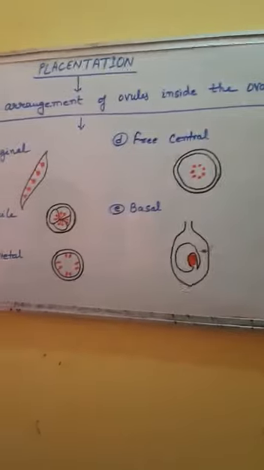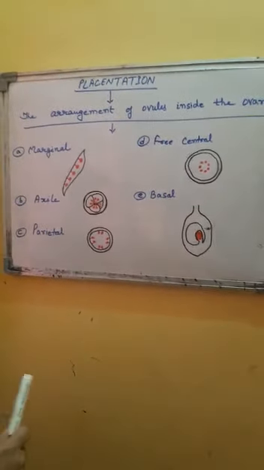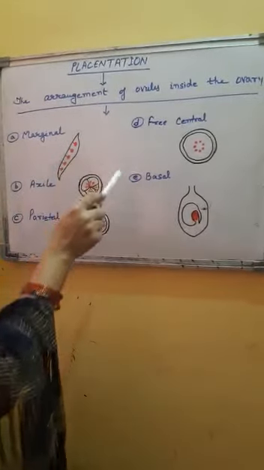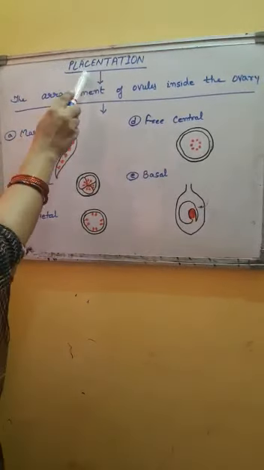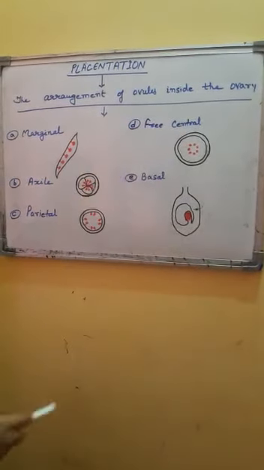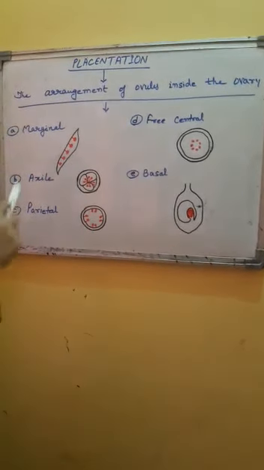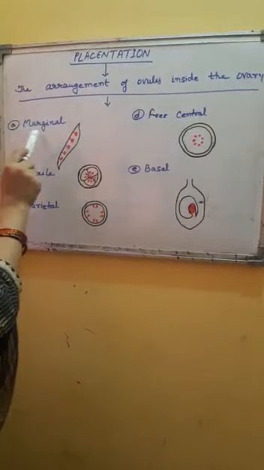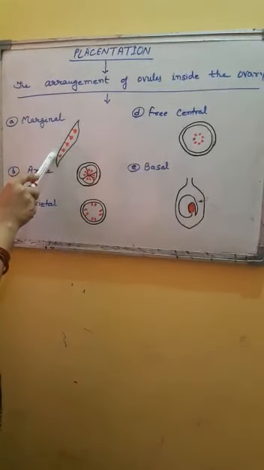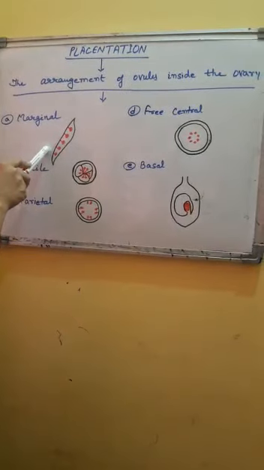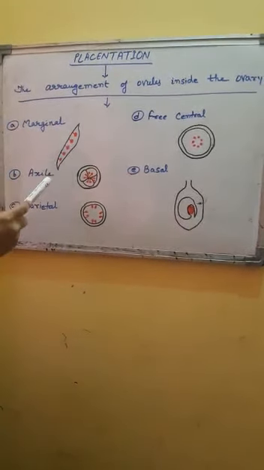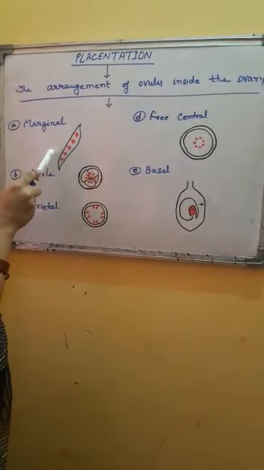So just to recall it once again, there are 5 types of placentation. Placentation means the arrangement of ovules inside the ovary, and it is of 5 types. Marginal, where the placenta is present at the margins of the ovary forming a ridge, and ovules are born on the margin, generally in 2 rows.